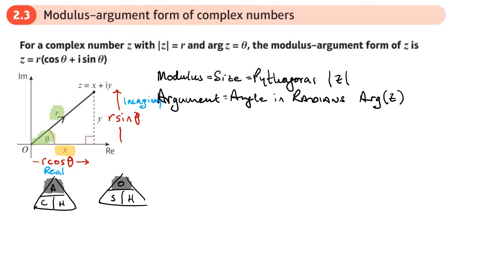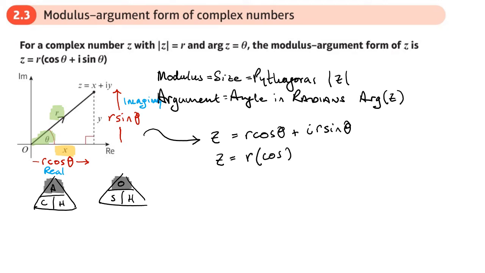So what that means is we can write a complex number in this form using the modulus and the argument. The real part would be r cos theta, and the imaginary part would be r sine theta. Now if you factorize that, we get the modulus argument form of a complex number. You take r out and you get r(cos theta plus i sine theta), and this is very useful.